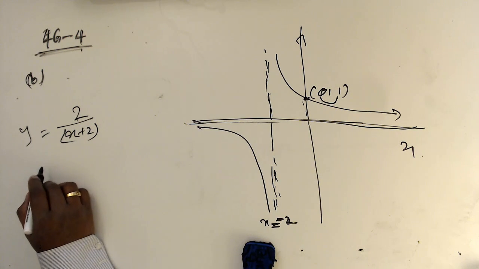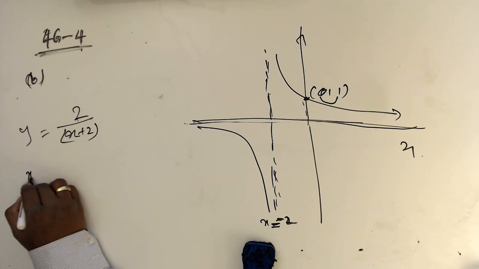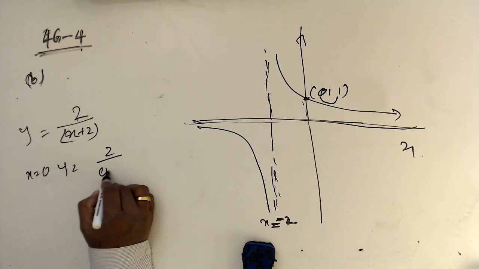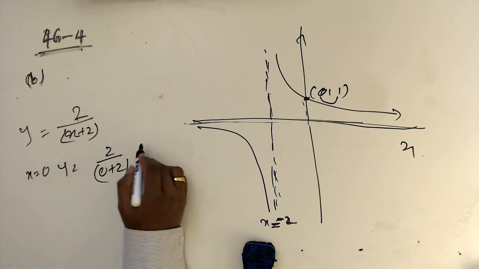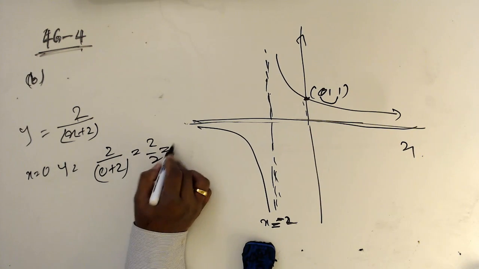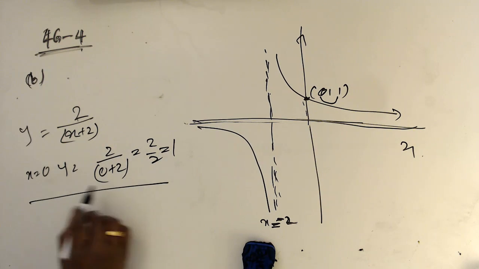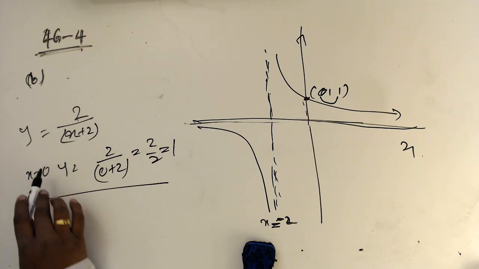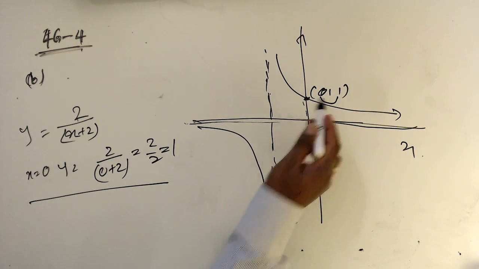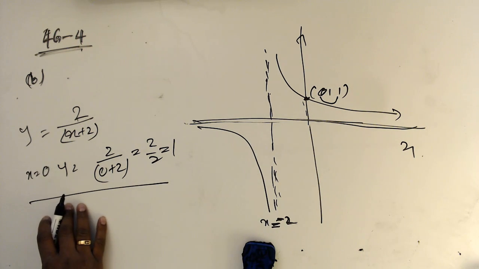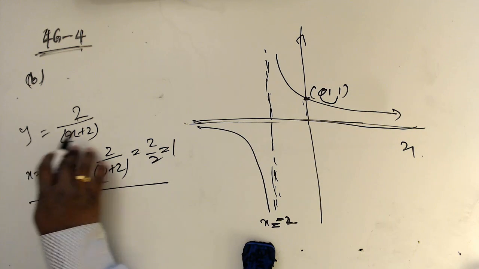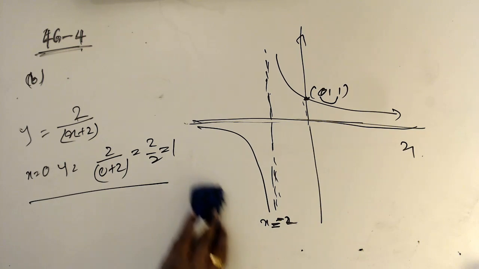Now x equals 0, y equals 2 over 0 plus 2, which is 2 over 2, which is 1. This equation matches, because I substitute the point and check whether this point is on this curve. Yes, it means my equation is right.